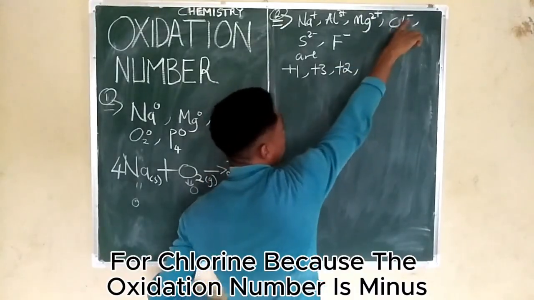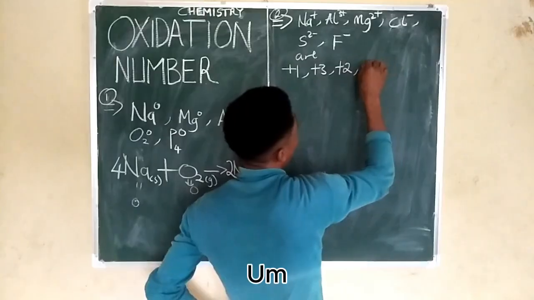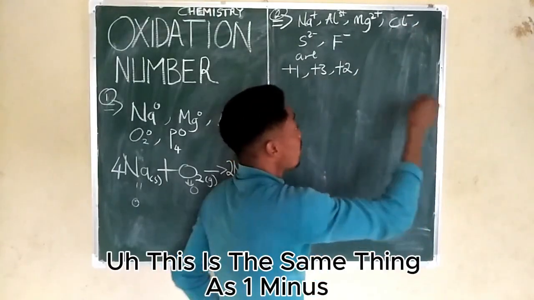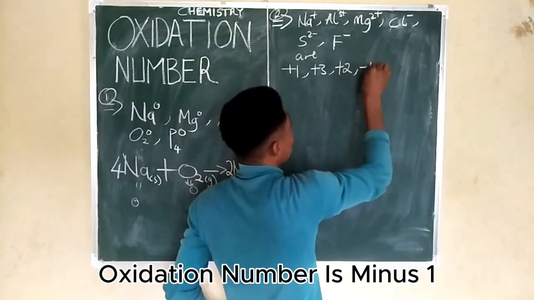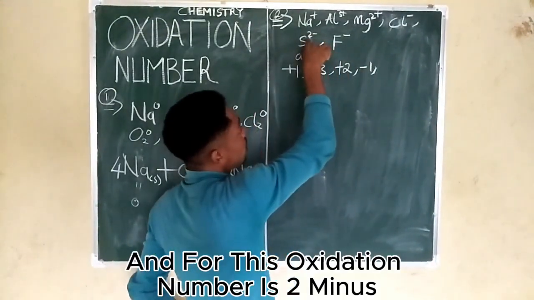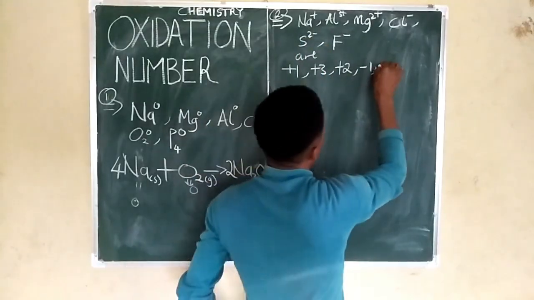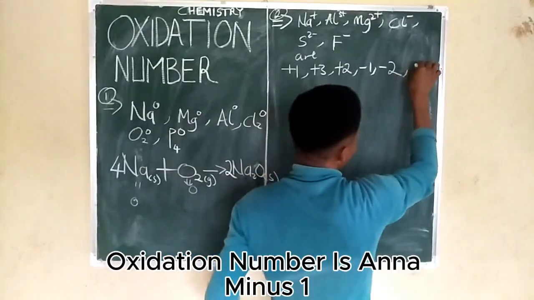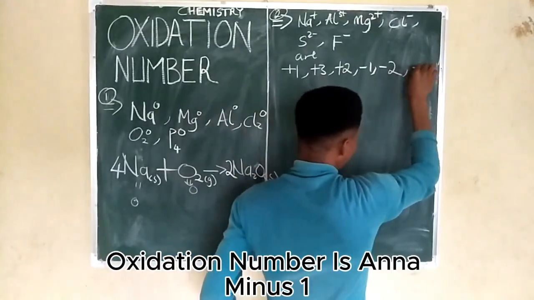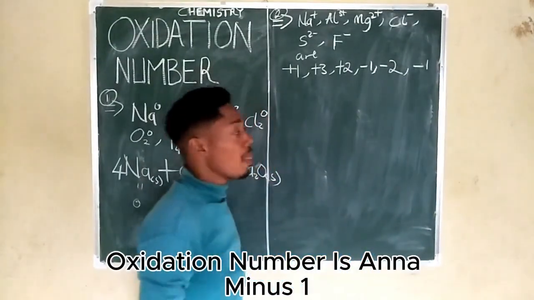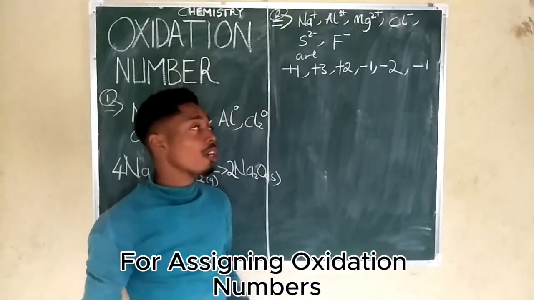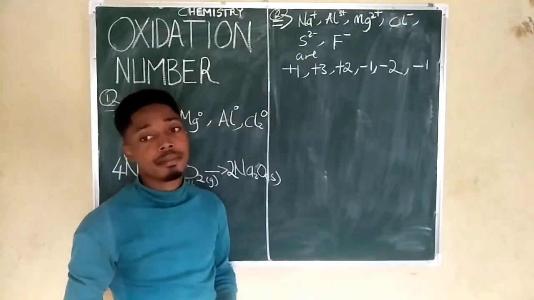For chlorine, because the charge is 1 minus, the oxidation number is -1. And for this one, the charge is 2 minus, so the oxidation number is -2. And for the fluoride ion, the oxidation number is -1. So this is the second rule for assigning oxidation numbers.